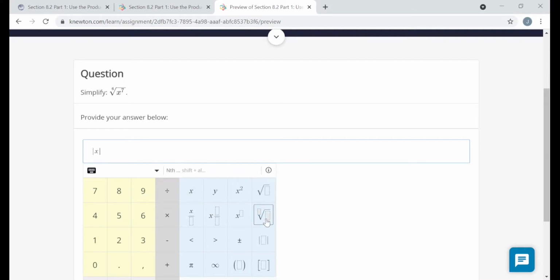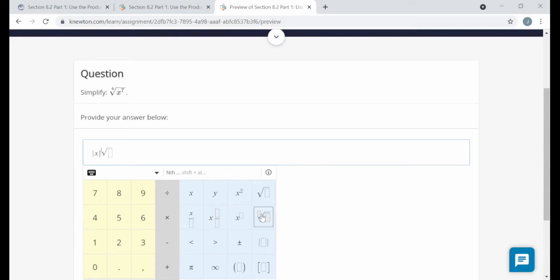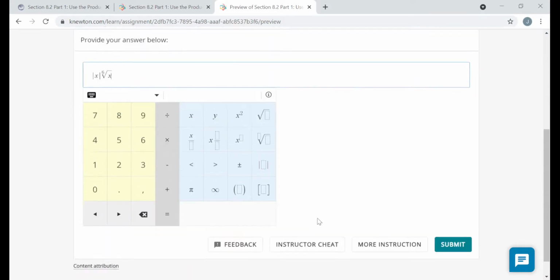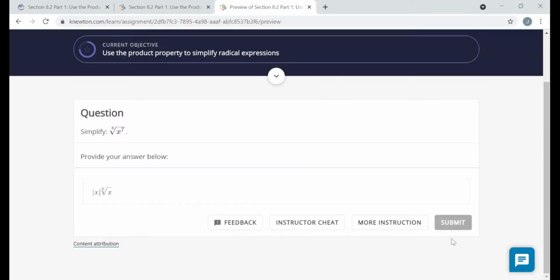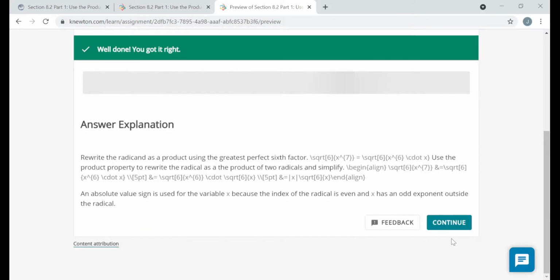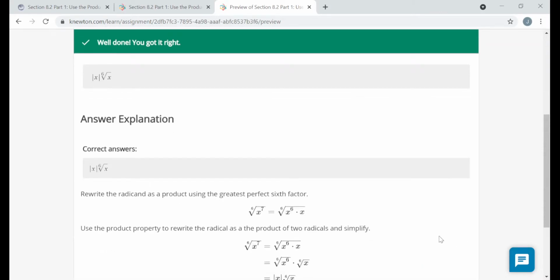And again, you use this symbol here that has a place for the index, because I need to enter an index of 6. 6th root of x. Great. And once again, please read through the answer explanations.